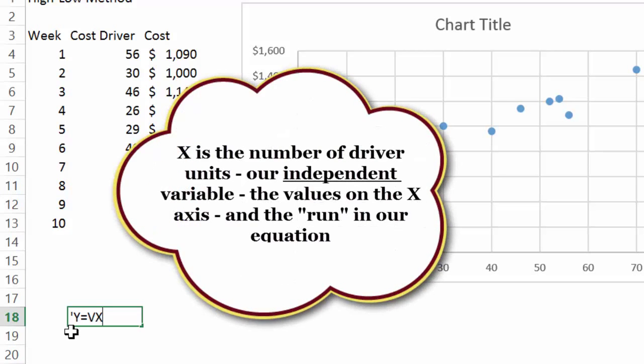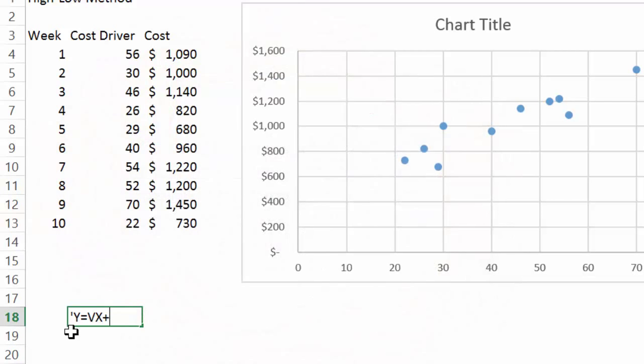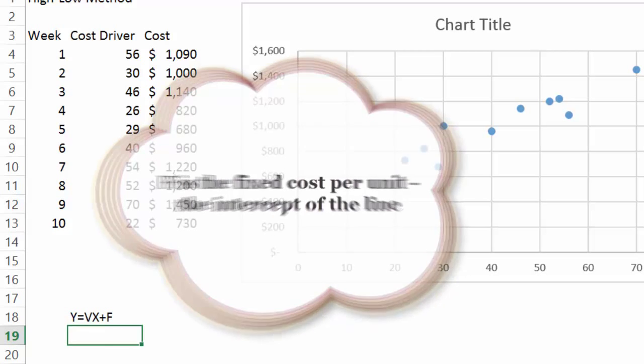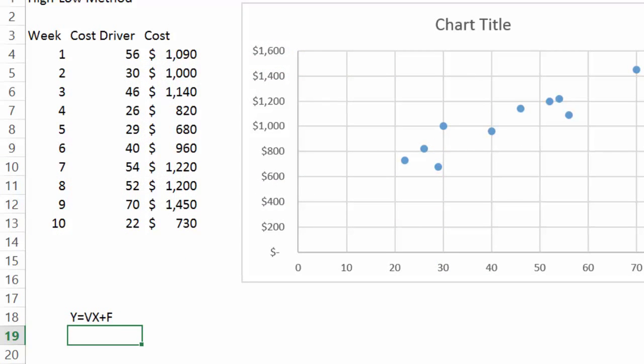X is our cost drivers. We want to be able to predict it based on cost drivers. This is called our independent variable, or our x-axis, or the run, plus f, and that's our fixed cost. So there's the equation that we're trying to come up with, y equals vx plus f.